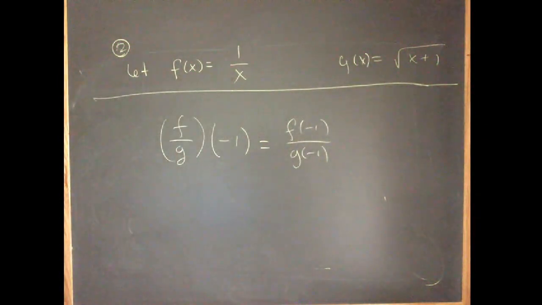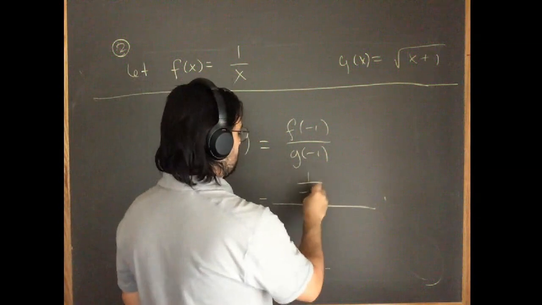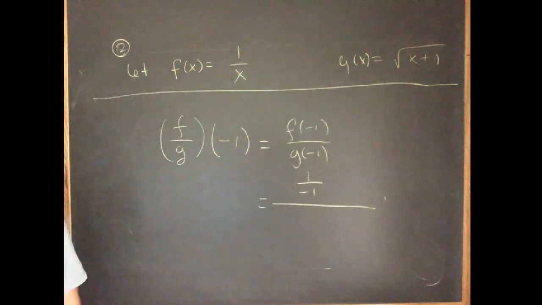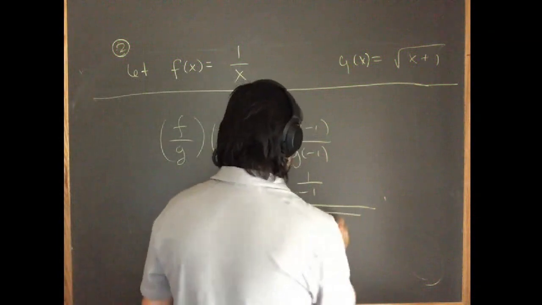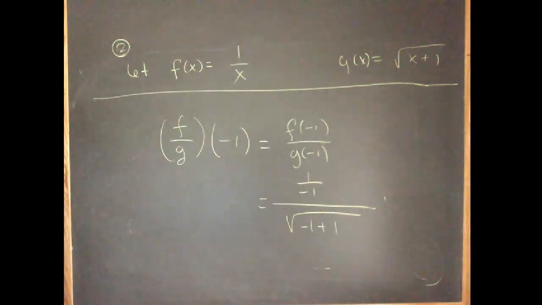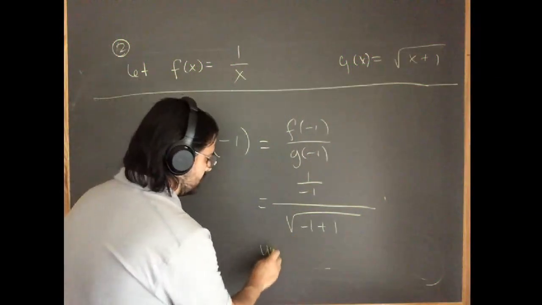And there's a problem here. Can somebody tell me what the issue is? What do we get? Yeah, we got the square root of 0 down here. So -1 plus 1. So we're dividing by 0, right? And you can't divide by 0. So this is undefined.